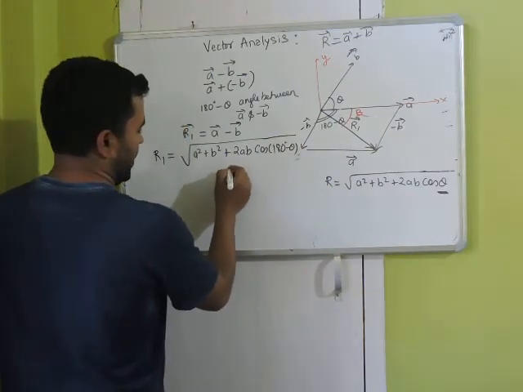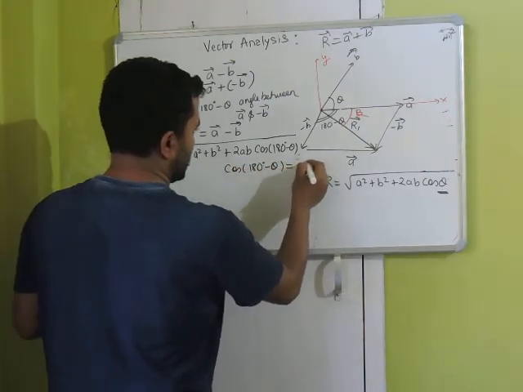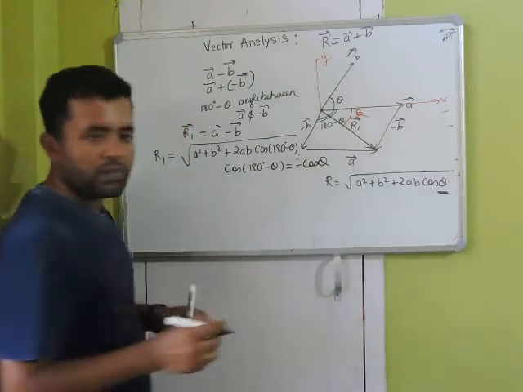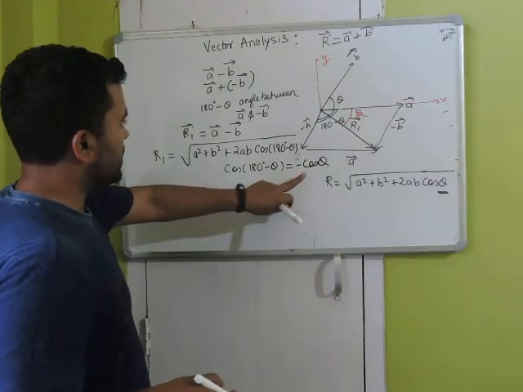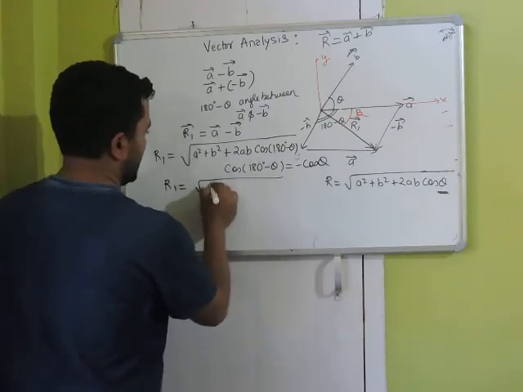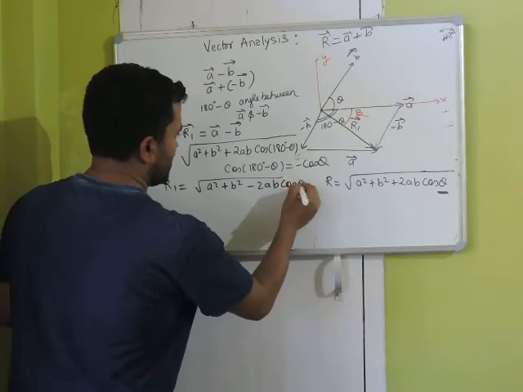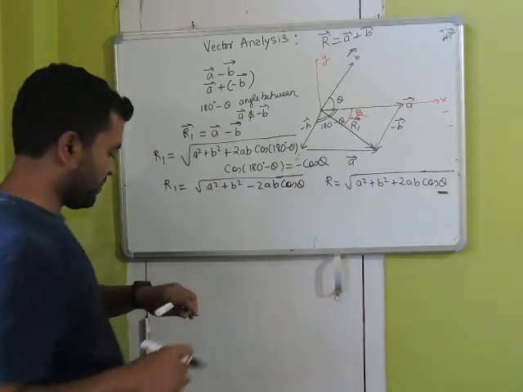Now cos 180 minus theta is nothing but minus cos theta. So R1 becomes the square root of A square plus B square minus 2AB cos theta. This is the resultant magnitude in subtraction.